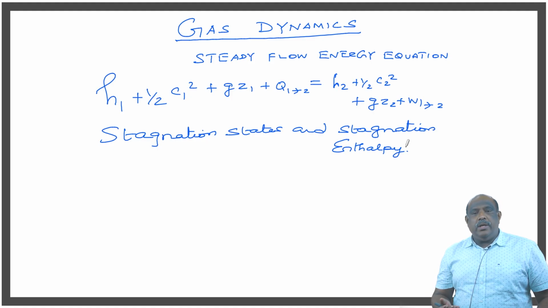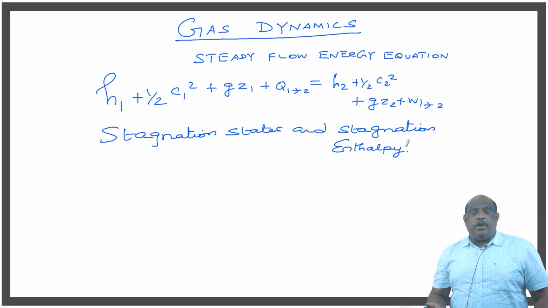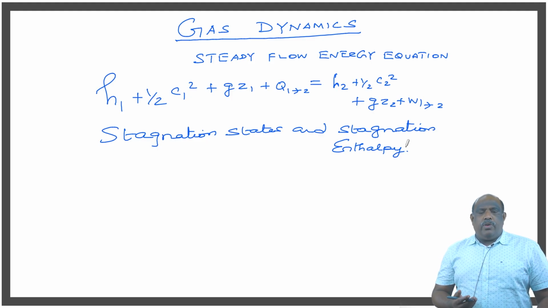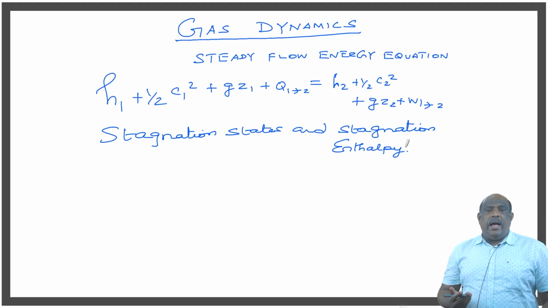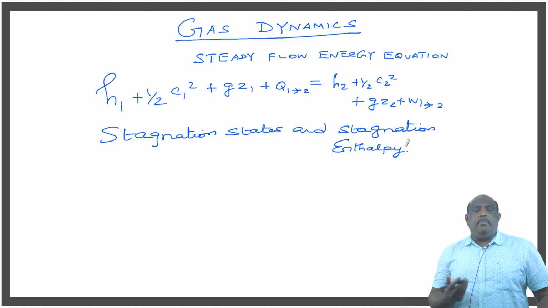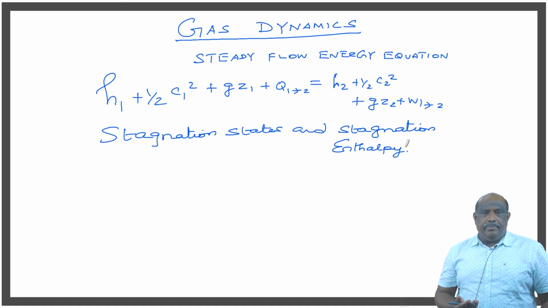Similarly, h2, c2 and g z2 are the corresponding enthalpy, kinetic energy and potential energy terms. From this, we are now going to arrive at what is meant by stagnation enthalpy.